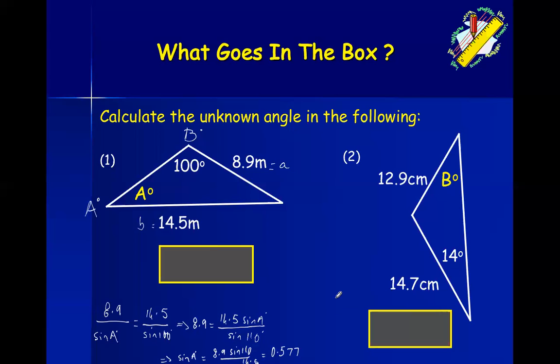Then you do shift sine -1 of your answer. That's what's good about these Casio. You can just call the answer. Then I get 35.22. 35.22 or 35.2. I get 35.239. Yeah, so this is 35. Good improvising there.